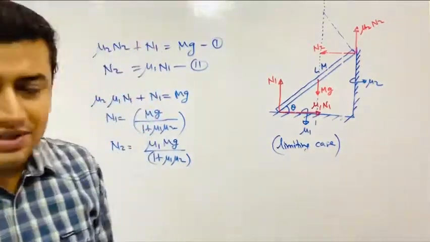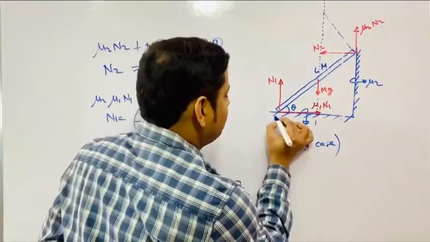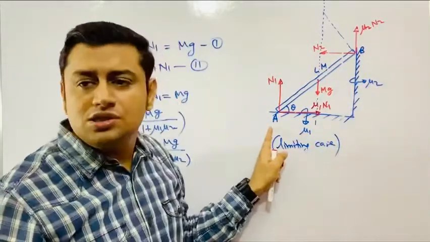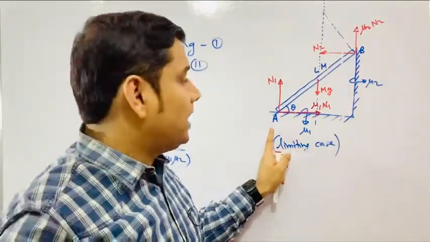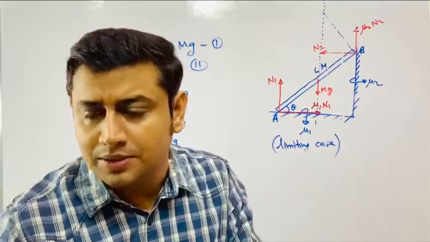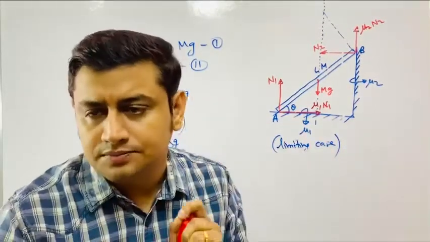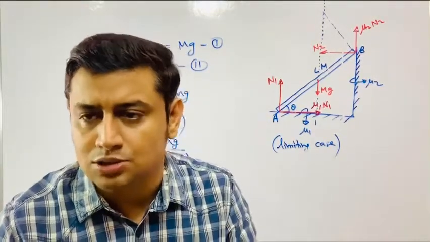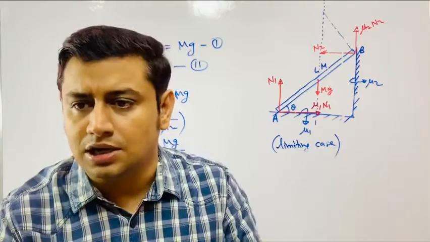About which point can we take torque? Better take about point A or point B. Why? Because two forces are passing through point A. Once the body is in equilibrium, you can take any point, but try to select that point through which maximum forces are passing, so that a minimum number of torques are required to solve the question.